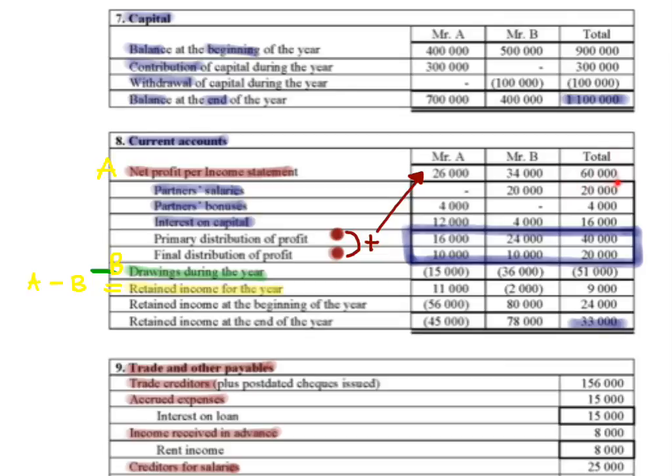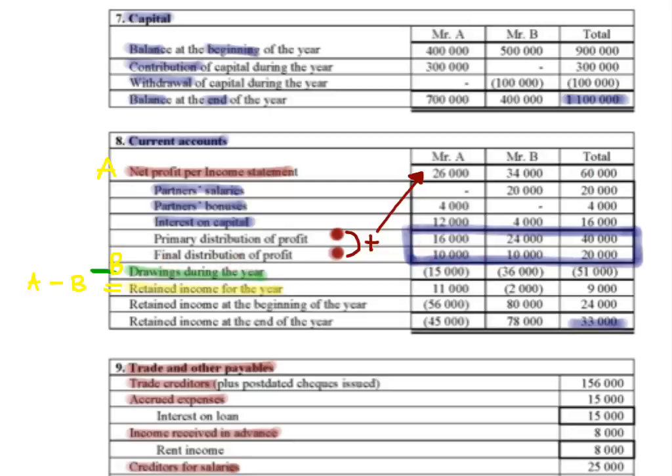Then this net profit is distributed first according to primary and then according to final. So I list my primary distributions, add them up, and see that my total primary distributions is 40,000. So of my 60,000 net profit, I've already distributed 40, so there's only 20 left to distribute, and that I then distribute according to final in terms of the ratio.